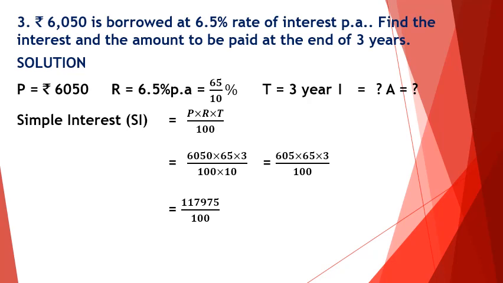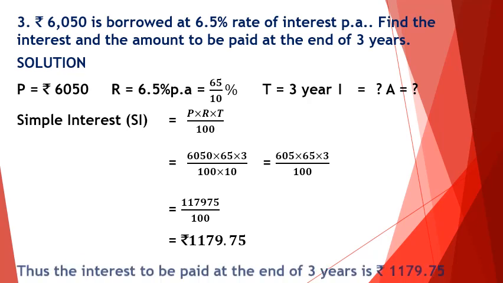Children, you know division by 100 means removing 2 digits from the right side and putting the decimal point. So we get rupees 1179.75. So the simple interest paid at the end of 3 years is rupees 1179.75.